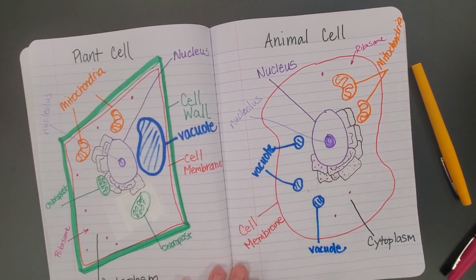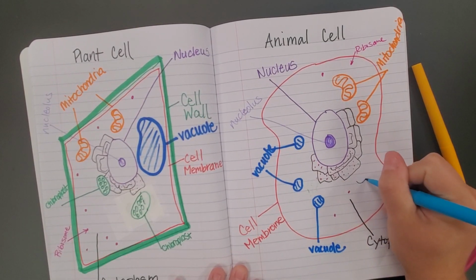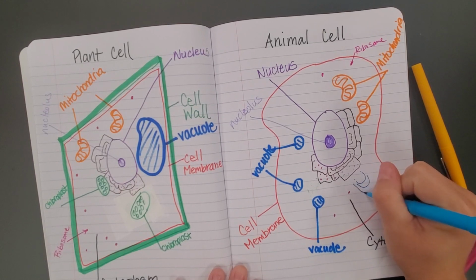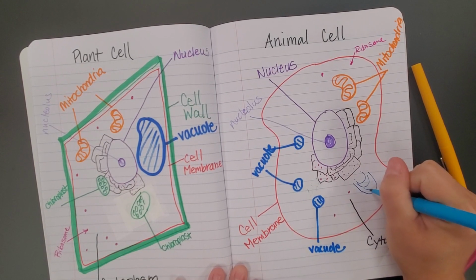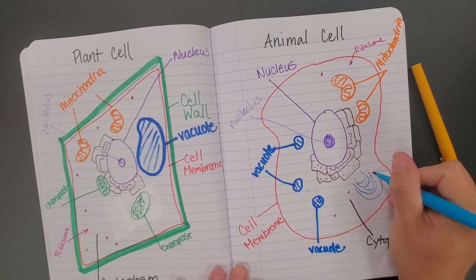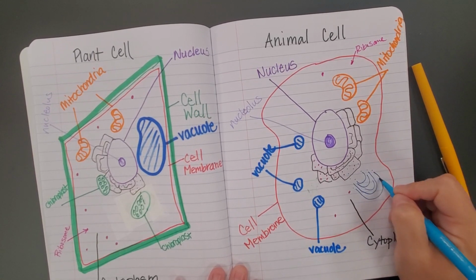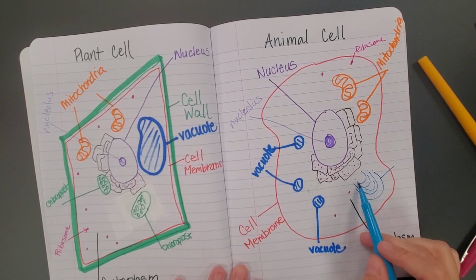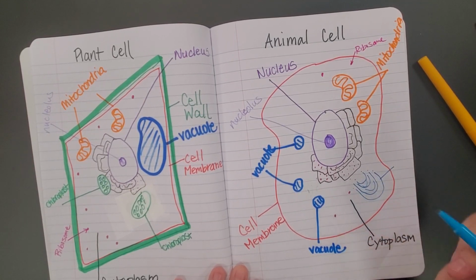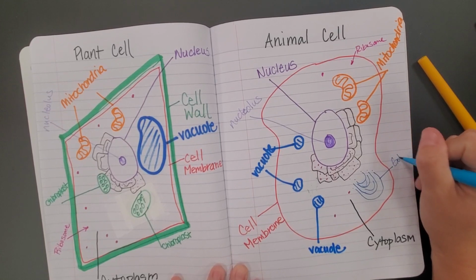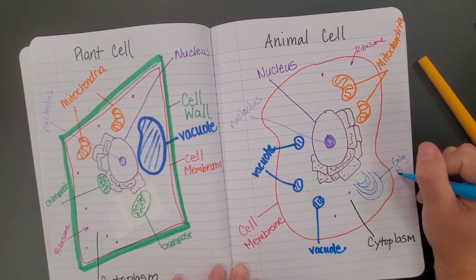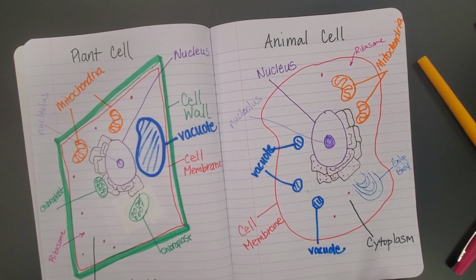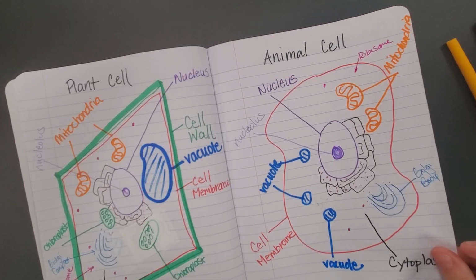And a lot of times when you look at it, it looks kind of like a C, but they can be like one, a couple of these in a cell, or hundreds of these in a cell. Plants and animals both have them, so go ahead. I draw kind of some stacked C's for my Golgi complex, and then I will label it. So go ahead and pause the video and label that and draw it in your cells.